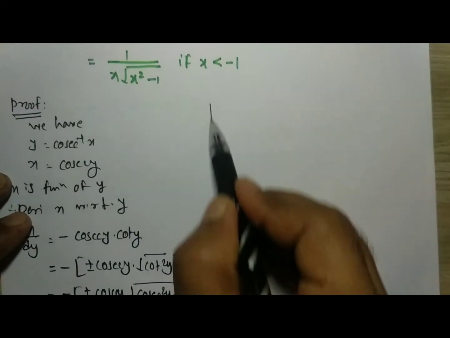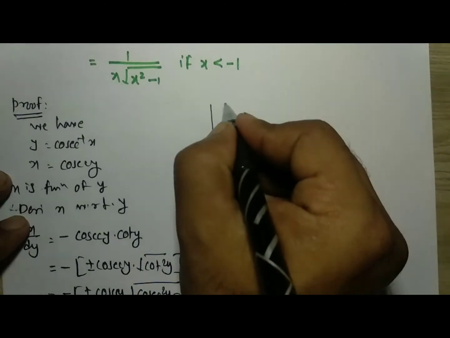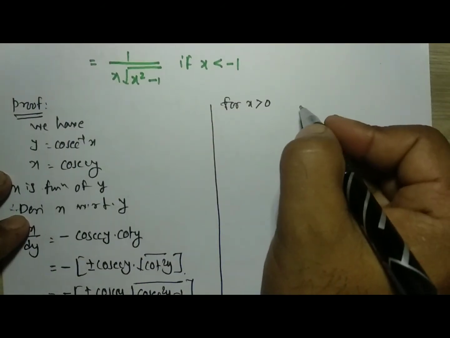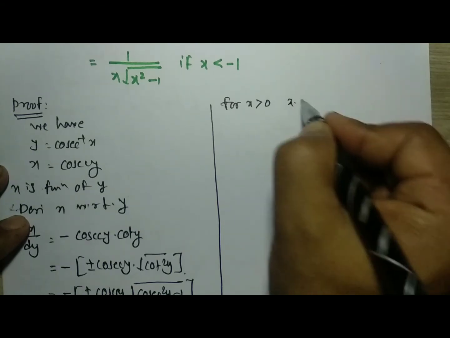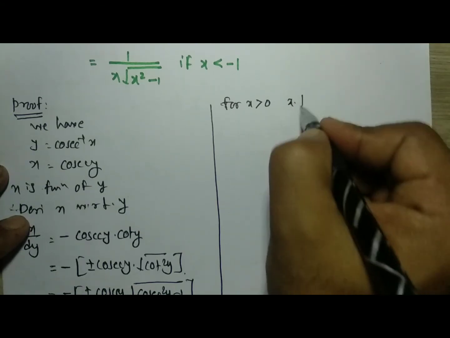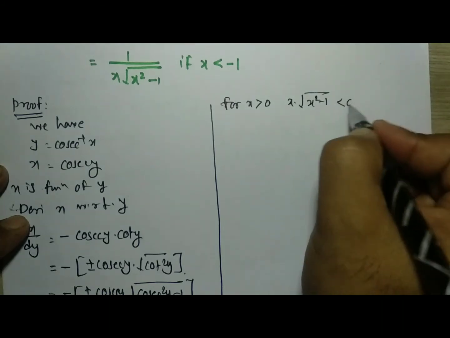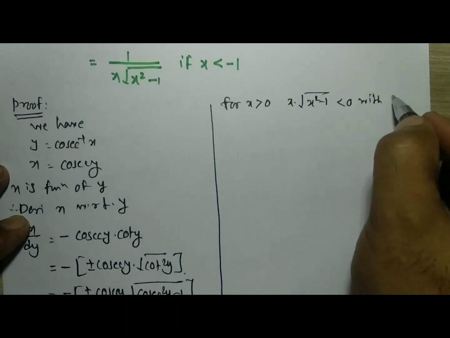Now the next one: for x greater than 0, x into square root of x square minus 1 is less than 0 with a negative sign.